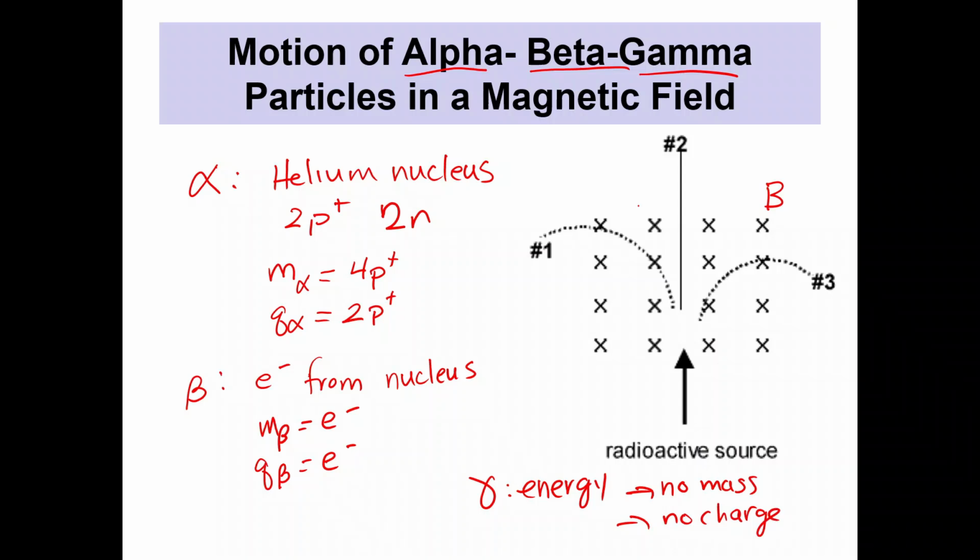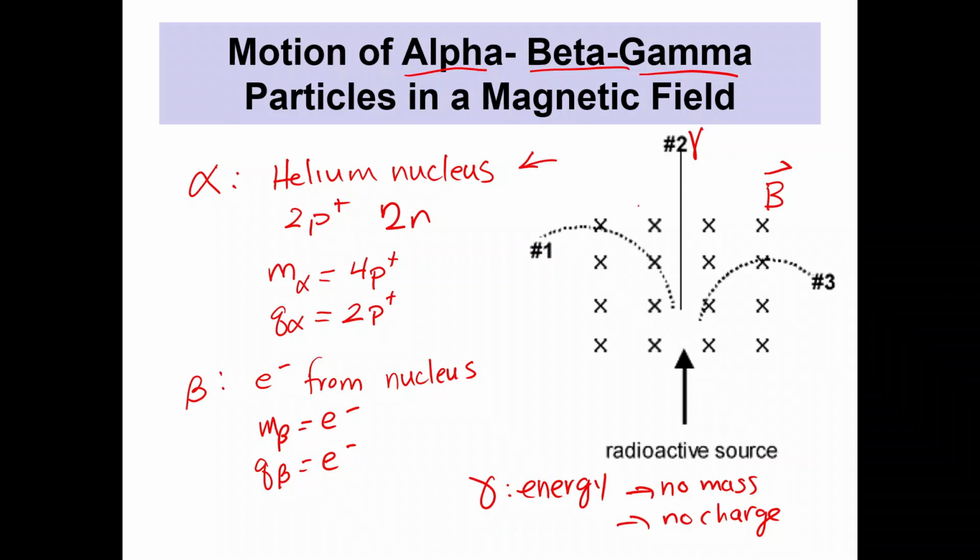When you look at the different paths of these particles in the magnetic field, gamma is going to pass through undeflected because it doesn't have a charge, so it's not going to be affected by the magnetic field. If you use your right-hand rule, the helium nucleus is positively charged.